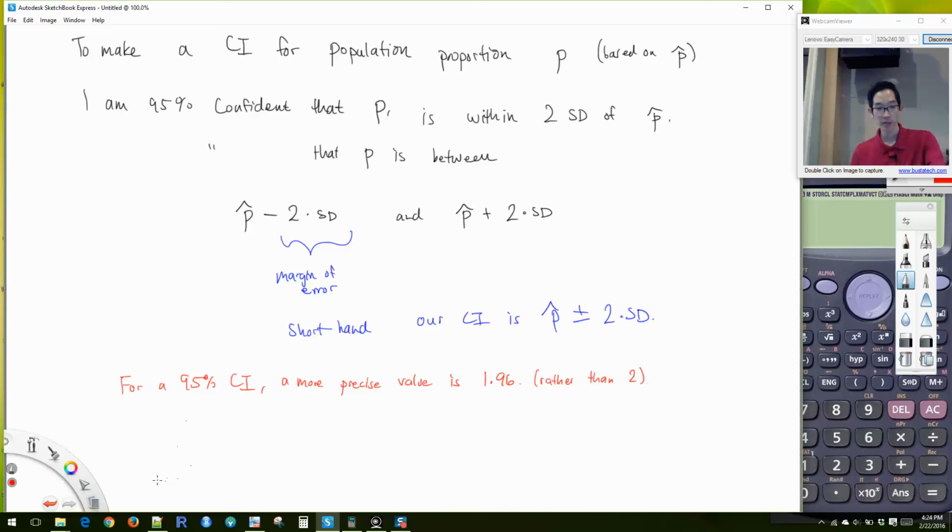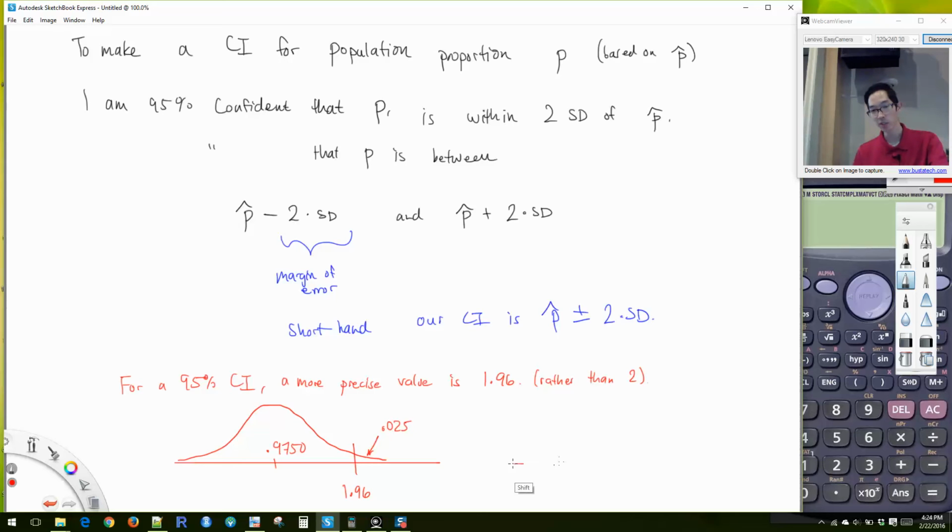Where that 1.96 comes from is that if you look at the normal distribution and you go out to 1.96, it's going to tell you that you have 0.9750 over here, and you have 0.025.